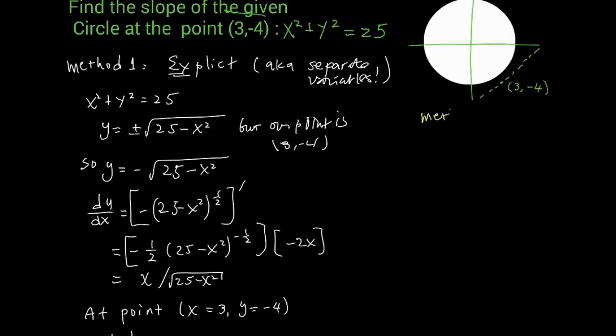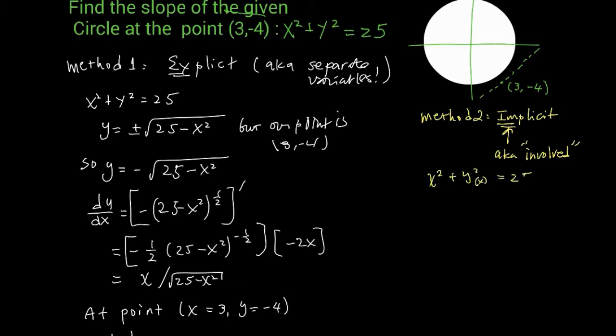Now let's take a look at our new friend, implicit. Think of implicit as involved, so you're together. The x and the y are still tangled, not separated. So what we're going to do here is write the equation and just take the derivative right on. On the left side I have 2x plus 2y.